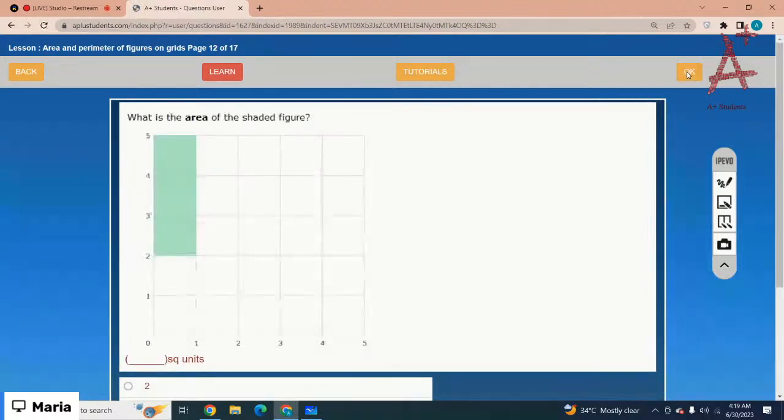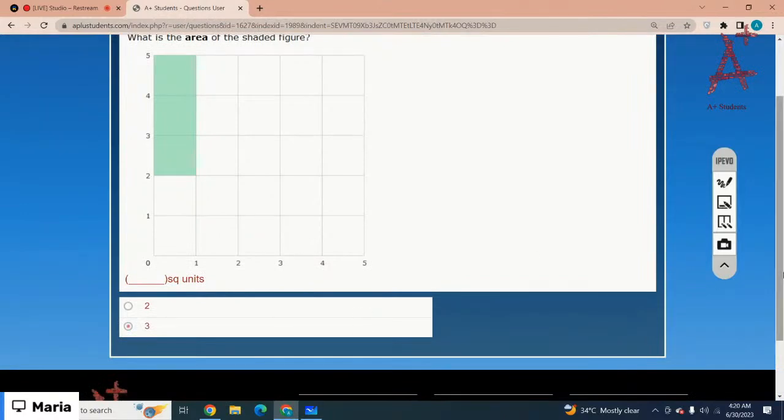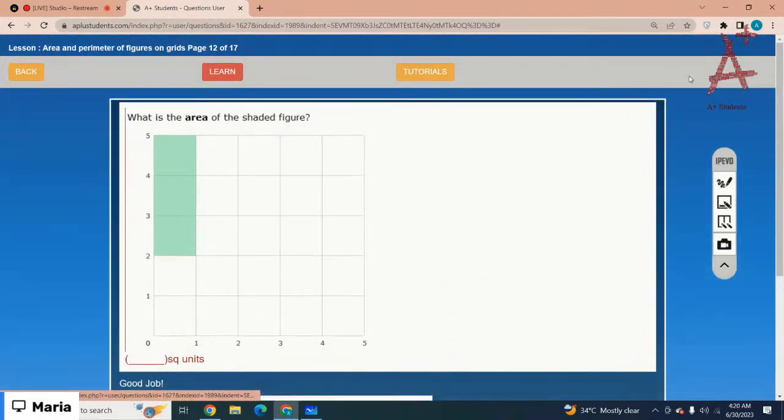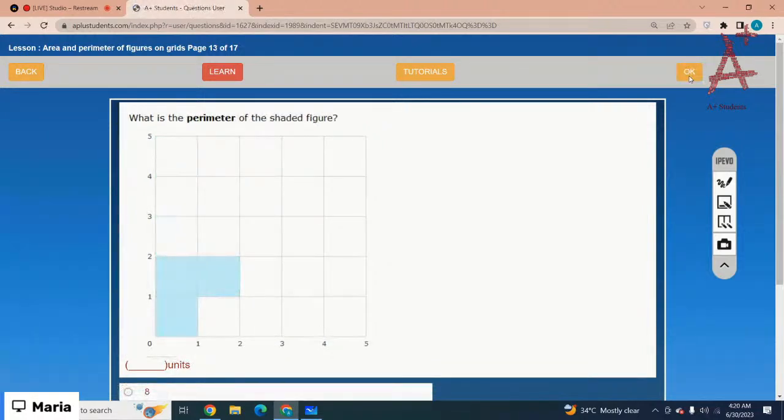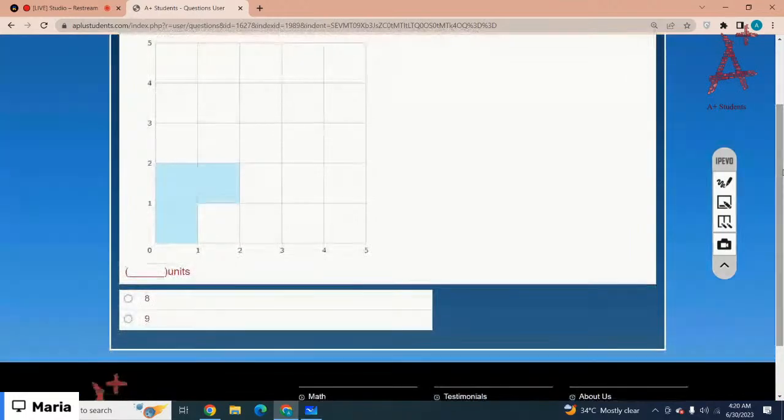Okay, what is the area of the shaded region? The area of the shaded region is 3. Only 3 squares are shaded, so it would be 3. What is the perimeter? The perimeter of the shape is 8.